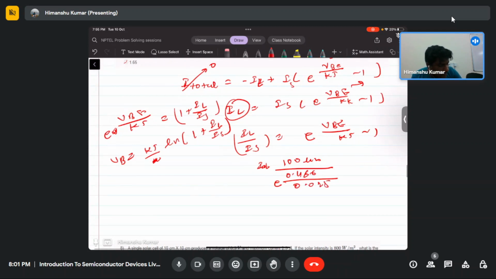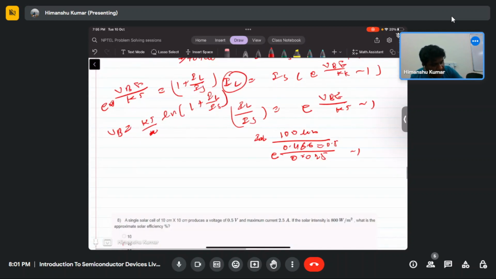If we assume this as 0.5, then this will become 20. So IS is 100 microampere divided by exponential of 20 minus 1.